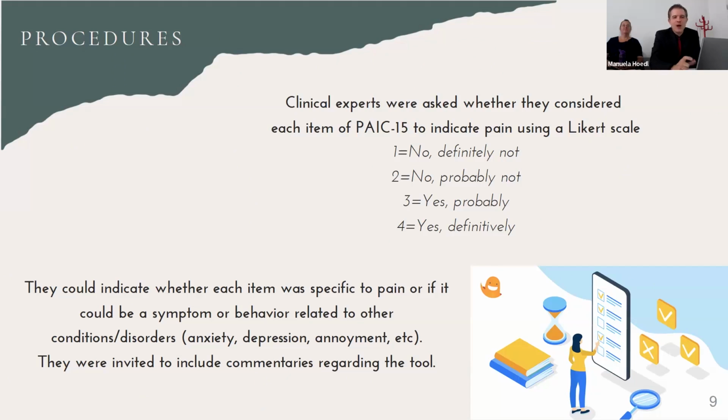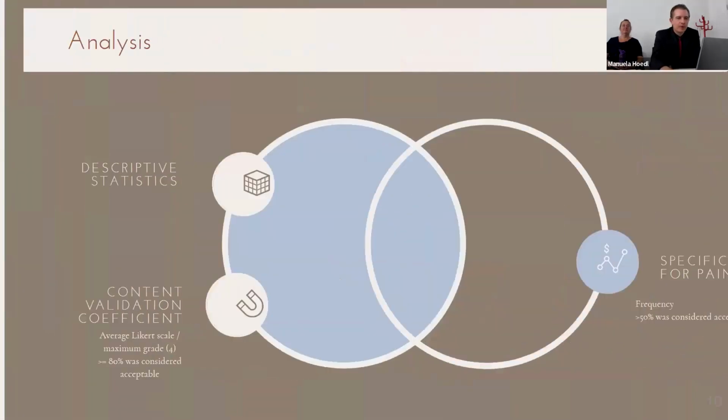They could indicate whether each item was specific to pain or if it could be a symptom or a behavior related to other conditions or disorders like anxiety, depression, or annoyance. And they were invited to include commentaries regarding their perception about the tool.